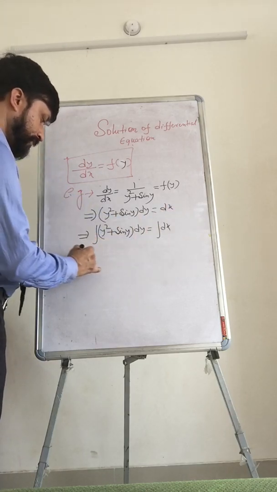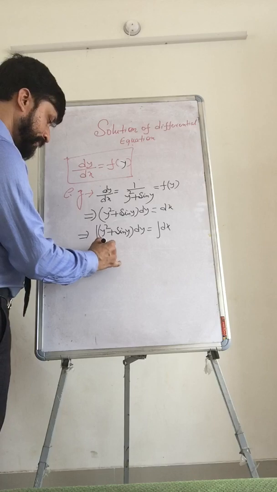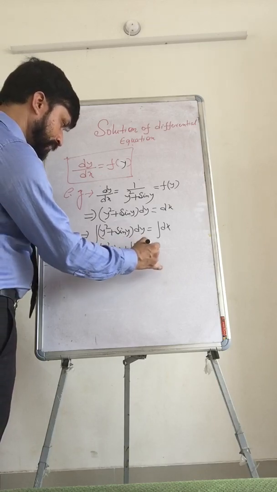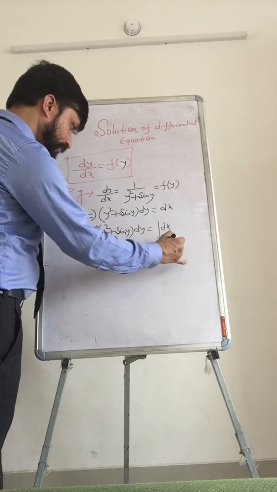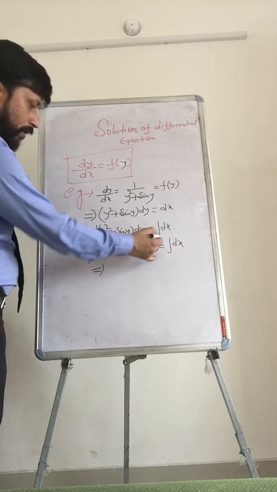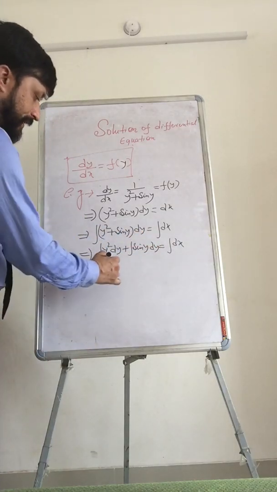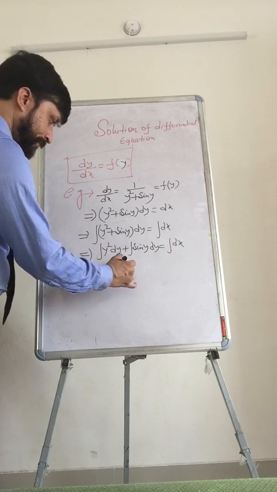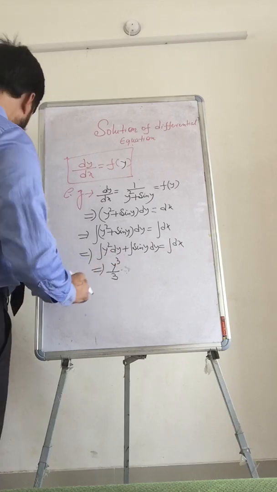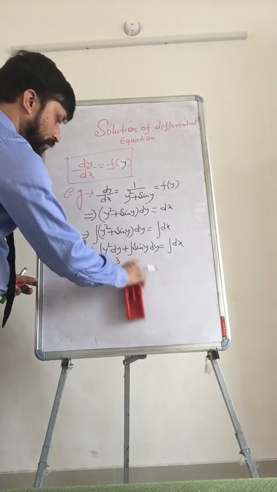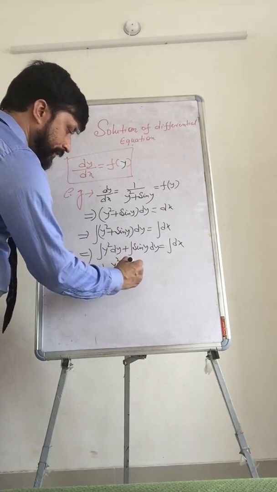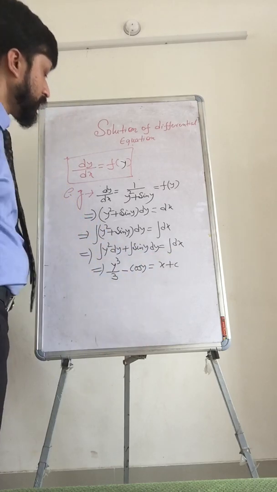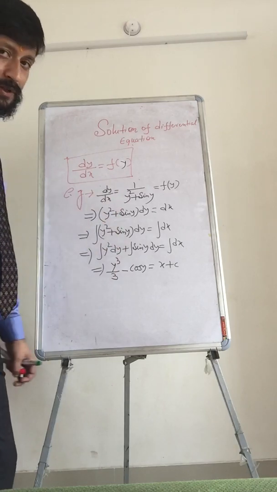Next, separate them. Now all are in standard form of integration. So after integrating, we get minus cos y equal to x plus c, which is the solution of the given differential equation.